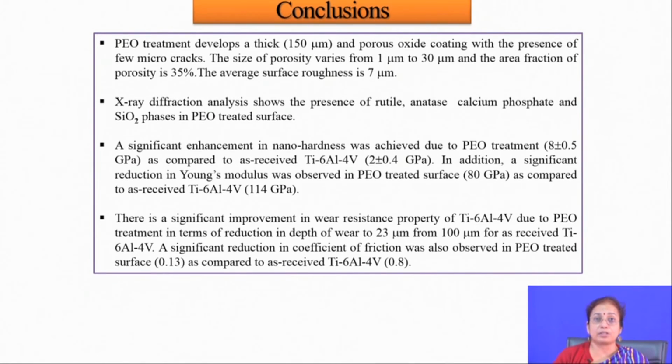But in plasma electrolytic oxidation or pulse electrolytic oxidation, the thing is not stopped, but rather that is the beginning. As soon as the surface is covered with oxide scale, there is breakdown of the oxide scale because of the very high voltage application, and there is channel formation.